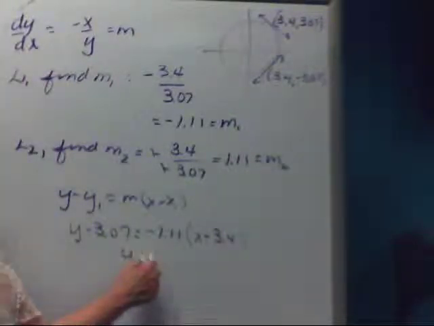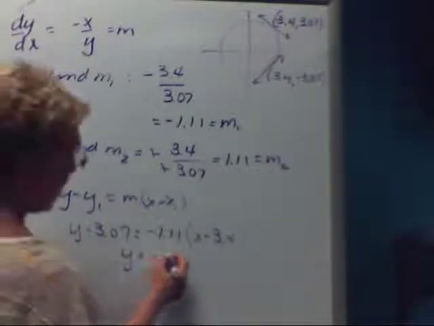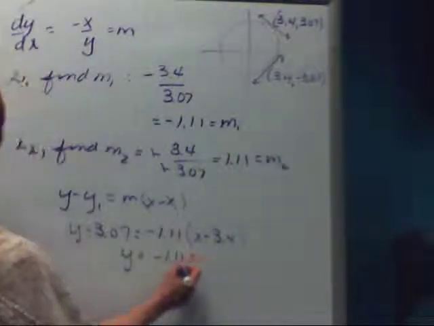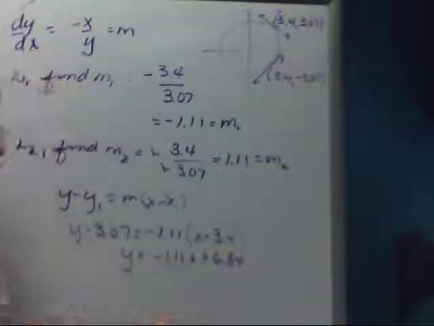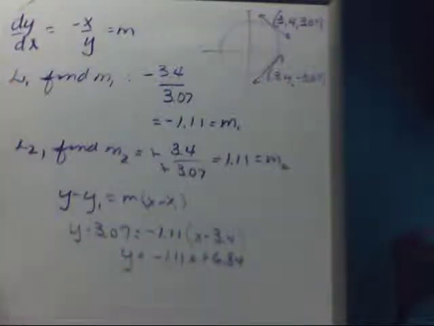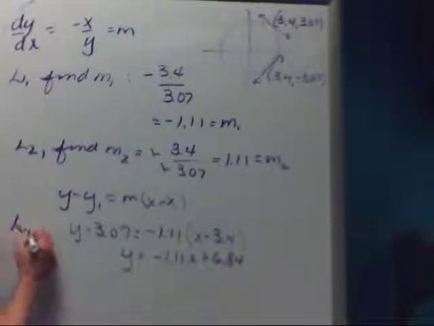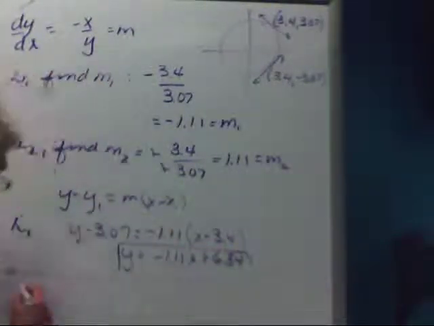That tidies up to y equals minus 1.11x plus 6.84. And this is just algebra and arithmetic from here to here. You can look at the hard copy of the practice exam solutions. It took many lines to get there. So this is L1. And now we're going to finish L2.